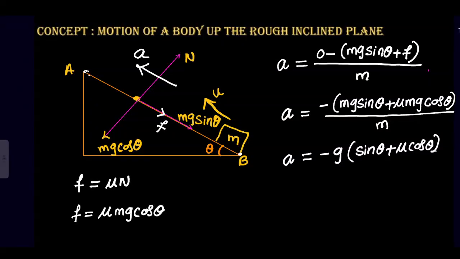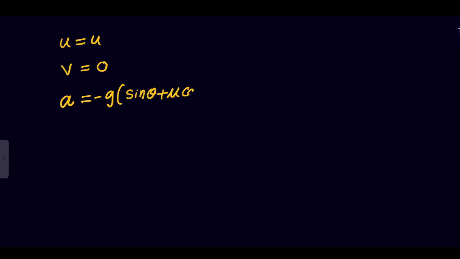When the body reaches the highest point, the final velocity is 0. The initial velocity is u, the final velocity is 0, and the acceleration is minus g into sin theta plus mu cos theta.